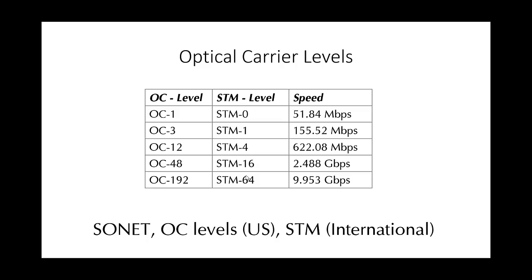Its international equivalent is SDH, or Synchronous Digital Hierarchy, which defines connections in terms of STM, or Synchronous Transport Module, levels, of which the basic level is STM0. Some of the more important OC and STM levels are shown on the screen right now.